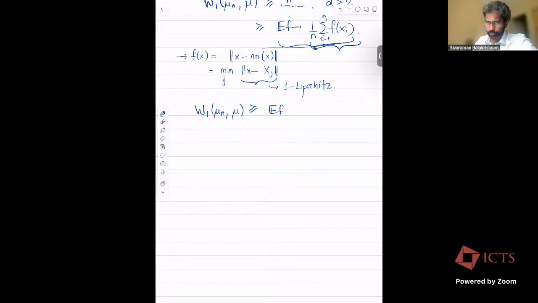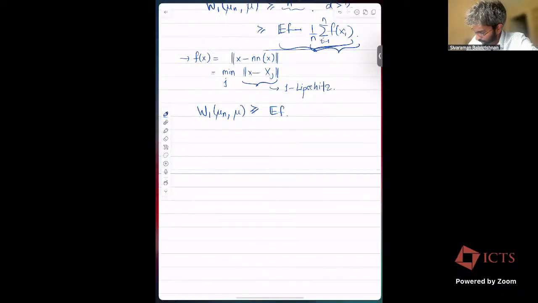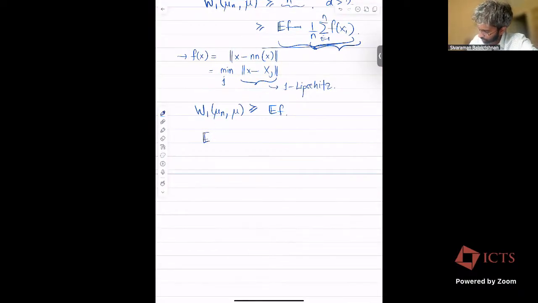Okay, maybe you have seen this argument before, but this is the expected nearest neighbor distance. At least intuitively, you should believe that if my uniform sample kind of looked like a grid, then the nearest sample point to every point should be roughly n to the minus 1 over d away.